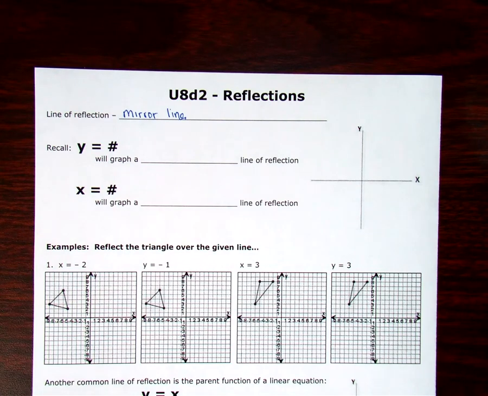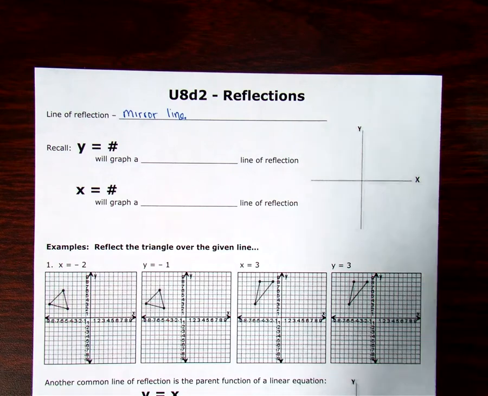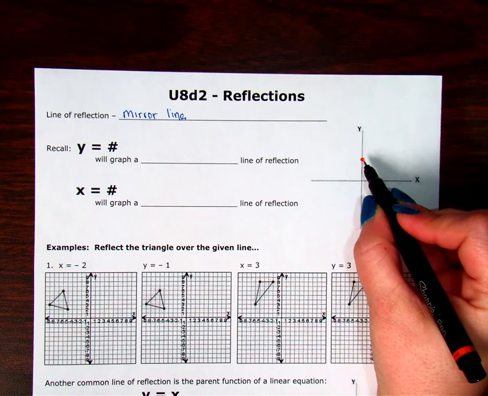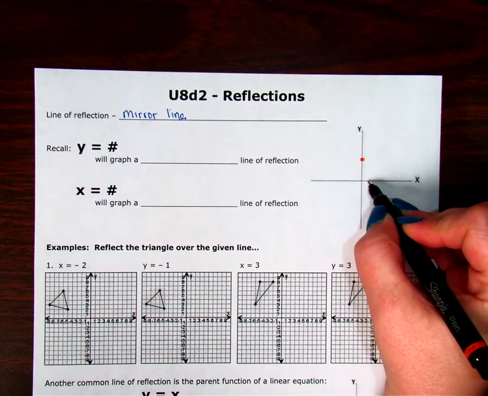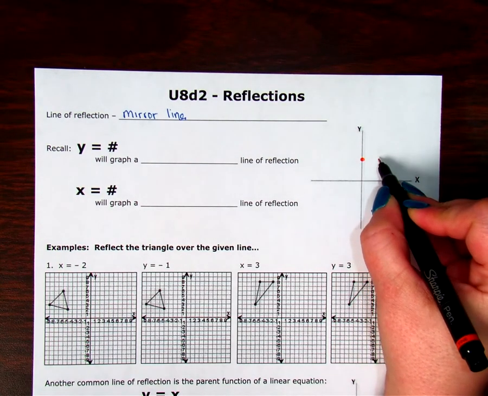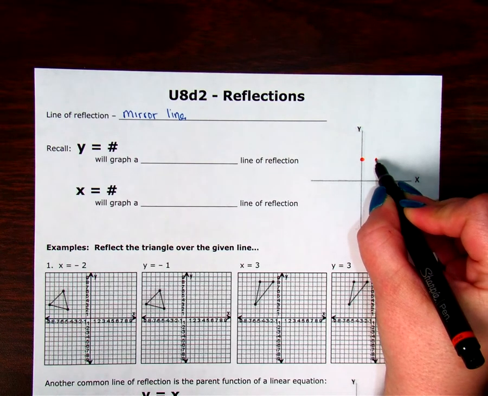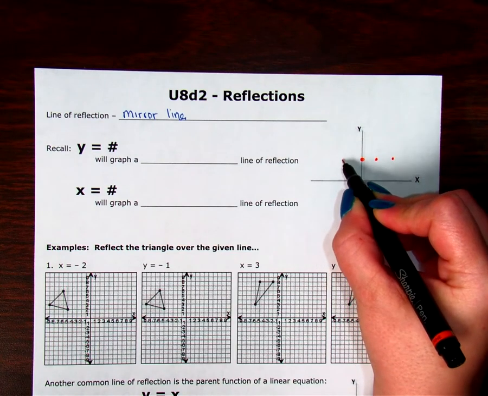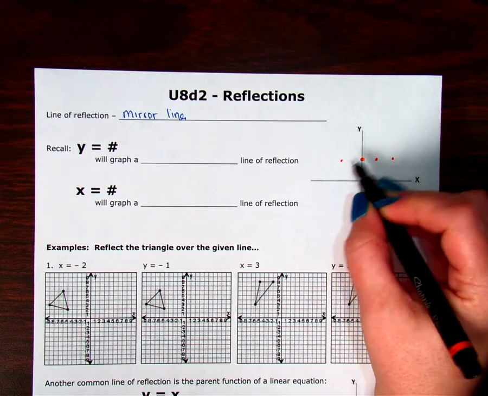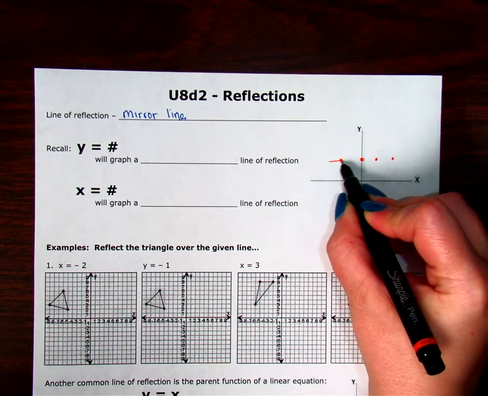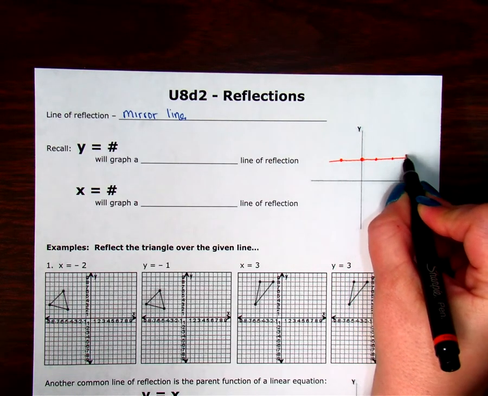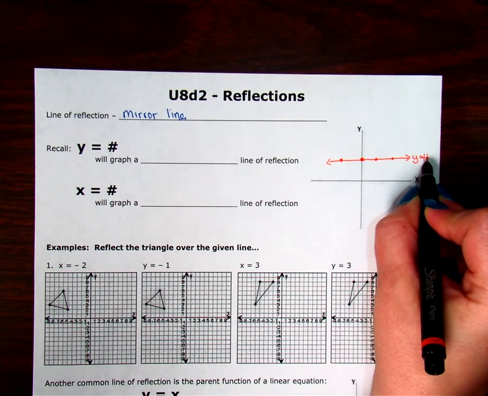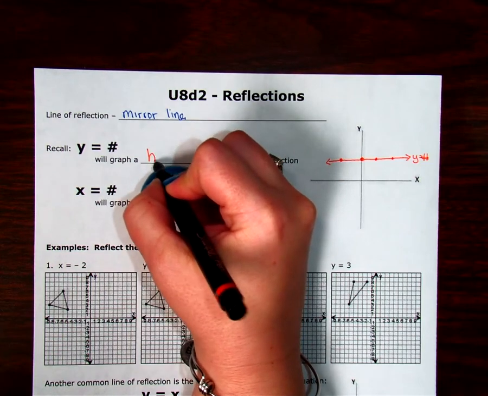If I pick a number on the y-axis, then other points with that same y value could be 0.5 and that same y value, and 7 and that same y value, or -3 and that same y value. When the y is the same every time, look at what I end up graphing when I work with y equals some number.